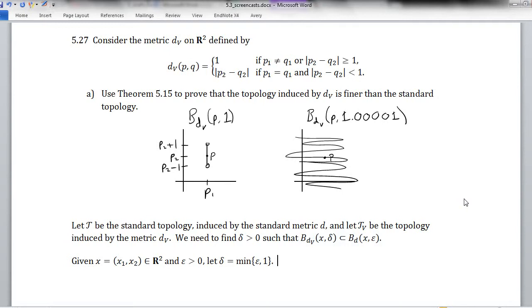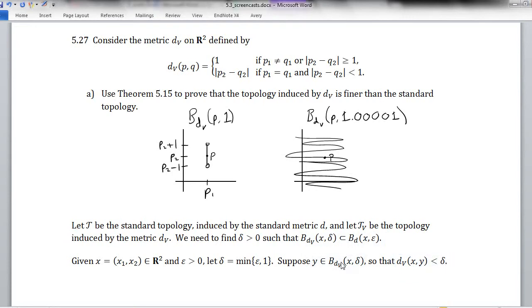Suppose that we have an element y in this allegedly smaller ball. What does that mean? The distance d sub v from x to y is less than delta.